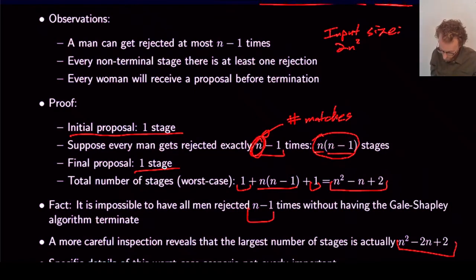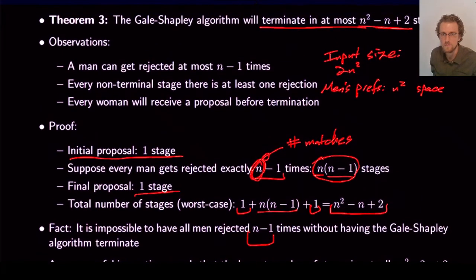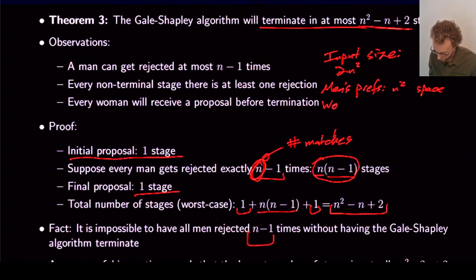So the men's prefs take n squared space. The size of the men's preference list in total is n squared, and the women's preferences are the same, n squared space.